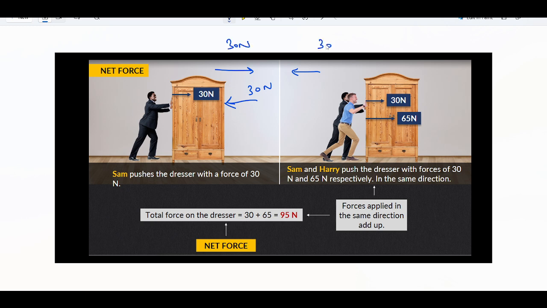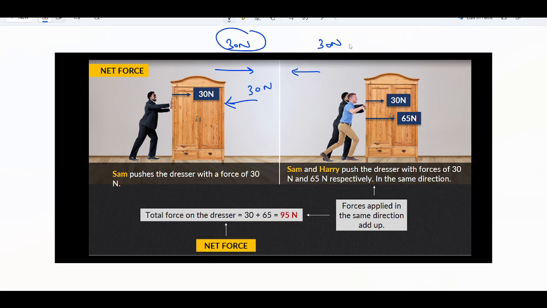Even 60 Newton wouldn't be enough, but the main reason is that the directions are opposite.